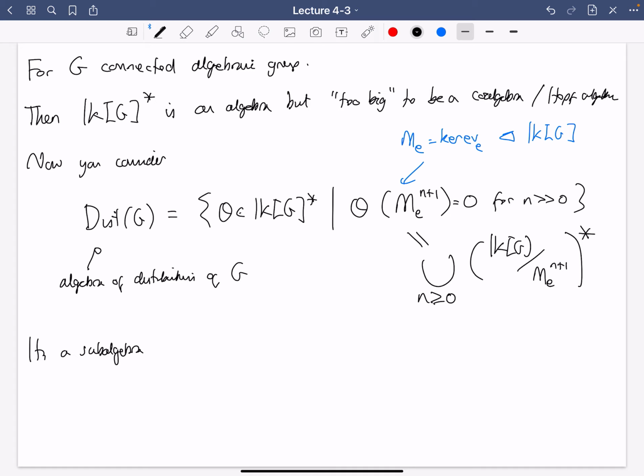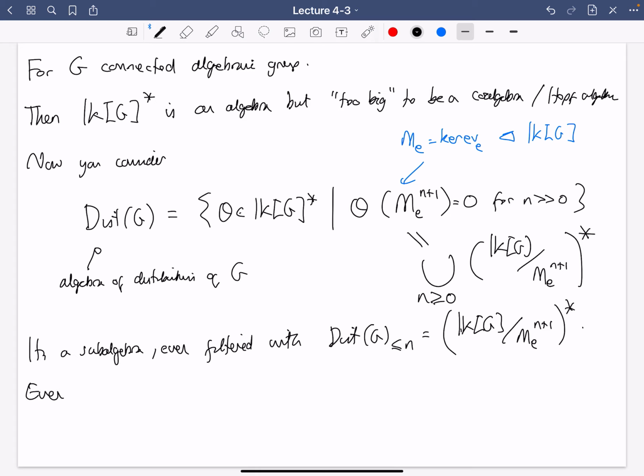In fact, it's a filtered algebra naturally, with the filter degree n piece being exactly that space that I just wrote down.